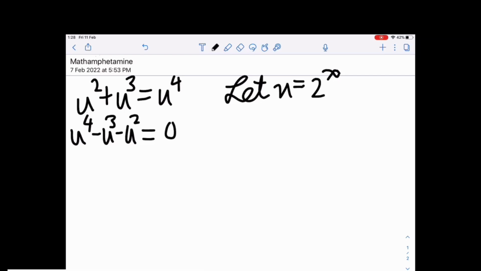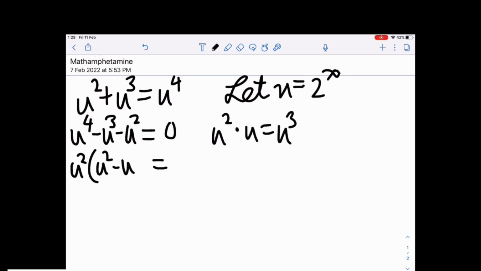That is a quartic equation, so we can factorize u squared. We know that u squared times u is equal to u cubed, because u can be written as u to the power of 1, and we can use the rule u^a times u^b is equal to u^(a+b).